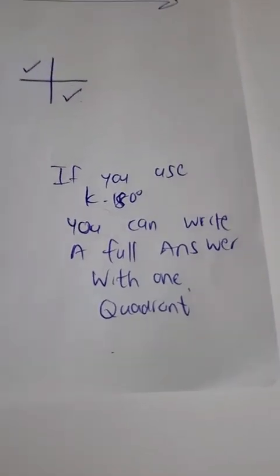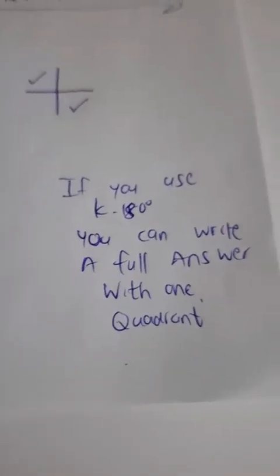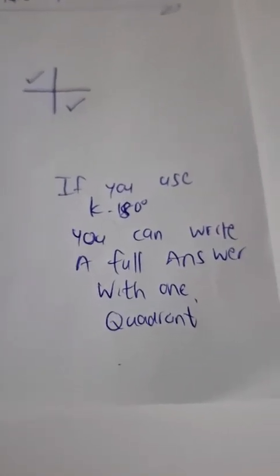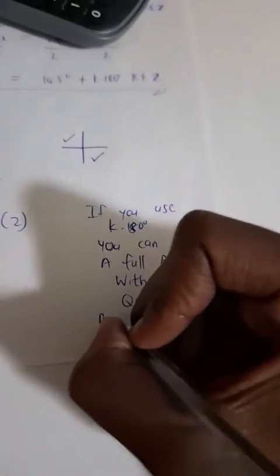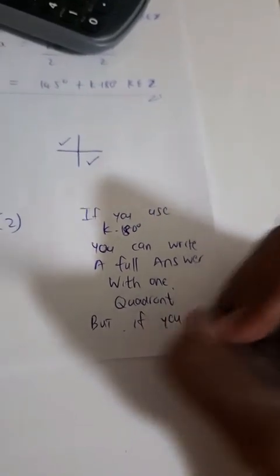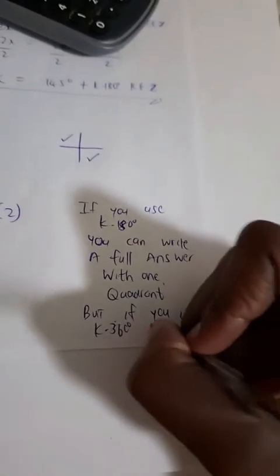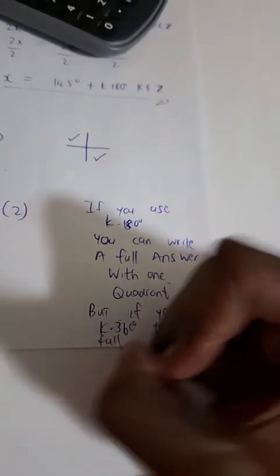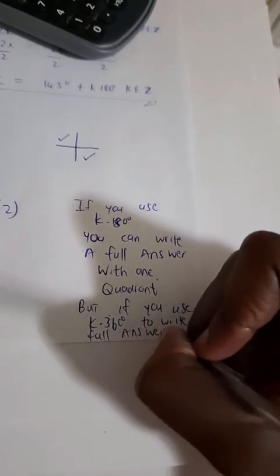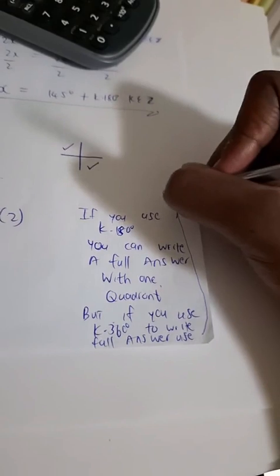You don't necessarily have to write the answer for both quadrants. If you use k 180 degrees, you can write a full answer with one quadrant. But if you use k 360, you have to write for both quadrants. If you use k 360 to write a full answer, use both quadrants.